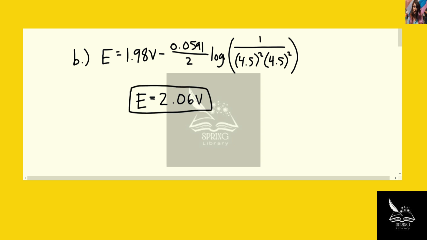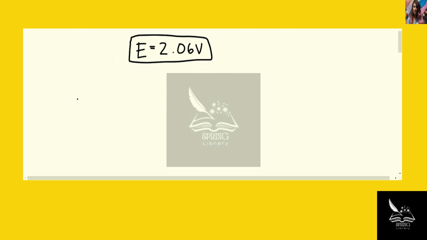And finally, in part C, we want to know why batteries often fail more on cold days than on warm days. Well, we know that on colder days, that means that the temperature is lower than it is on warmer days.